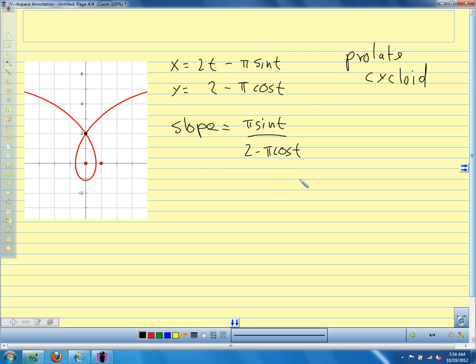So our slope, and we're looking at the point (0, 2). That corresponds to t equal to pi over 2.